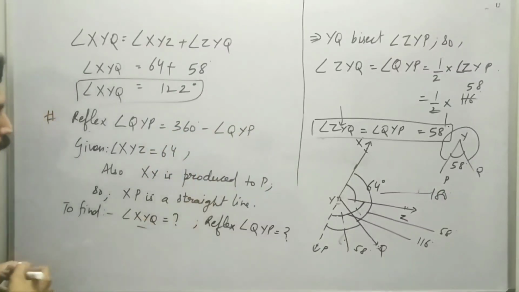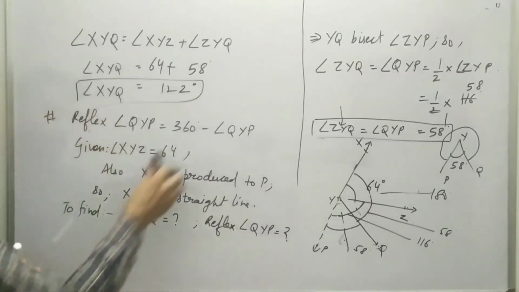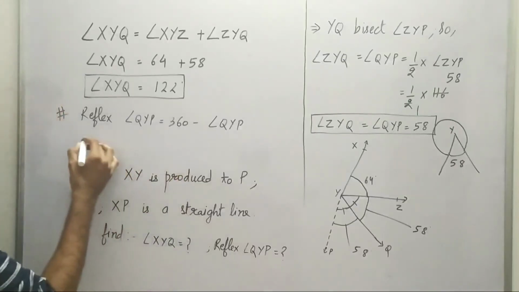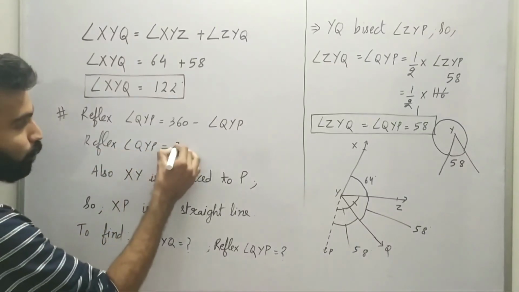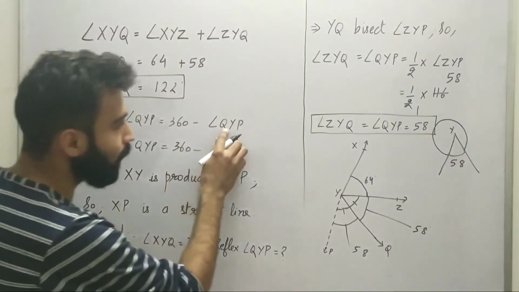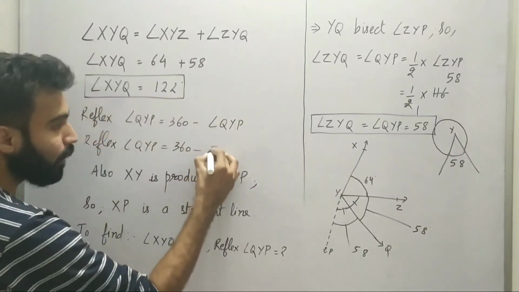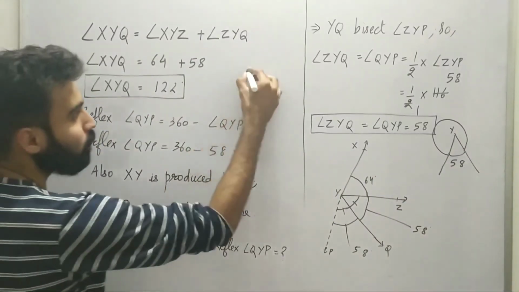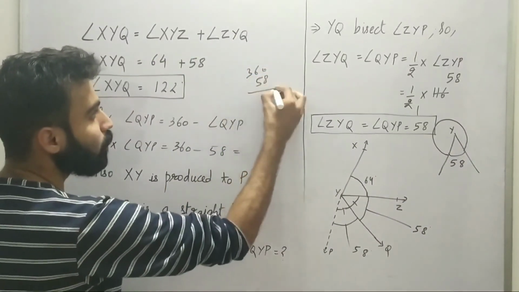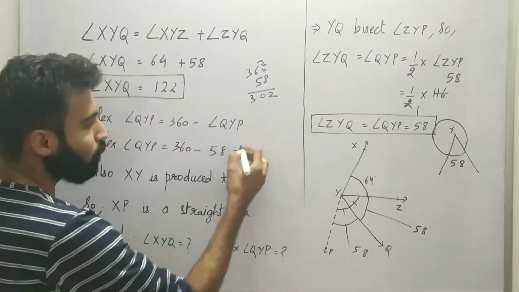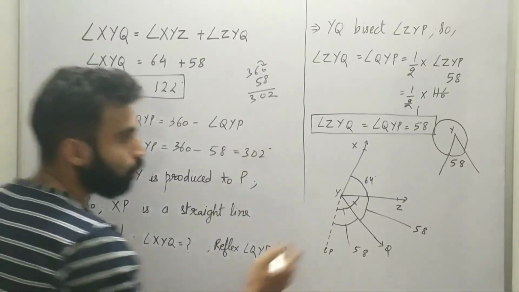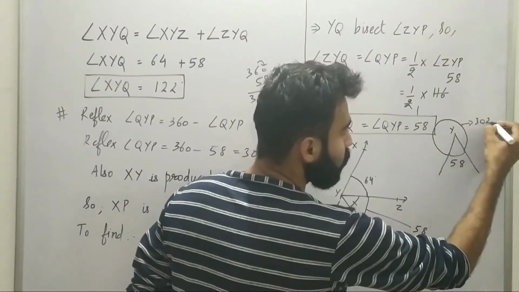And we know angle QYP. So reflex angle QYP is equal to 360 degrees minus, now what is angle QYP? You can see here 58 degrees. So 360 minus 58. Let me just solve it. 10 minus 8 is 2. So 5 minus 1 is 4, then 3 minus 0 is 3. So that is 302 degrees. So we get the reflex angle as 302 degrees.